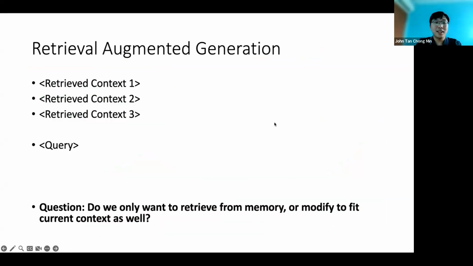So memory, what is memory? Perhaps the easiest, most basic form of memory is to augment the context. And why do we augment the context? Because when we do self-attention, remember you have query, key, and value. This query comes from maybe your words in this query part. If you don't have this context at the back, what are the keys and values?